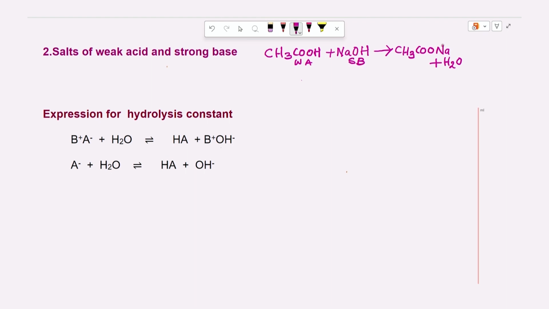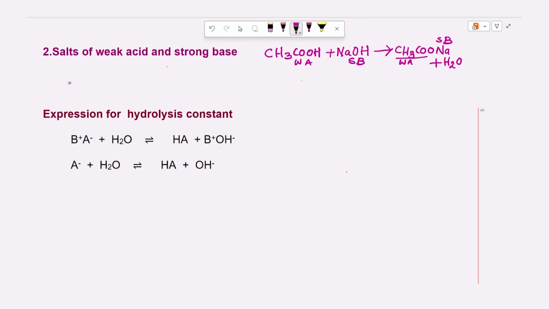Now, the sodium ion comes from a strong base and will not undergo any hydrolysis, but the acetate part, which comes from a weak acid, will interact with water, undergoing hydrolysis. Let us see how.